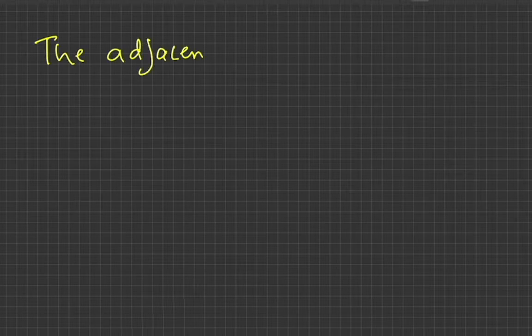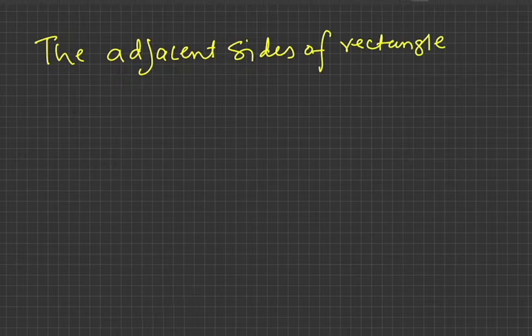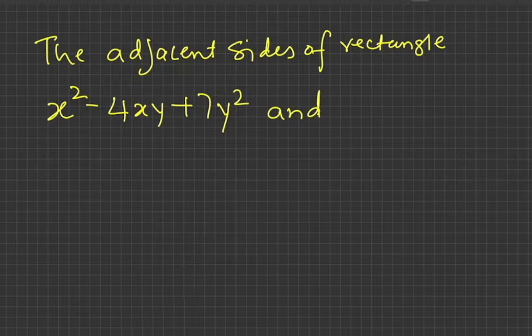Let's say the adjacent sides are sides of a rectangle, right? The adjacent sides of a rectangle is x squared minus 4xy plus 7y squared and x cubed minus 5xy squared.